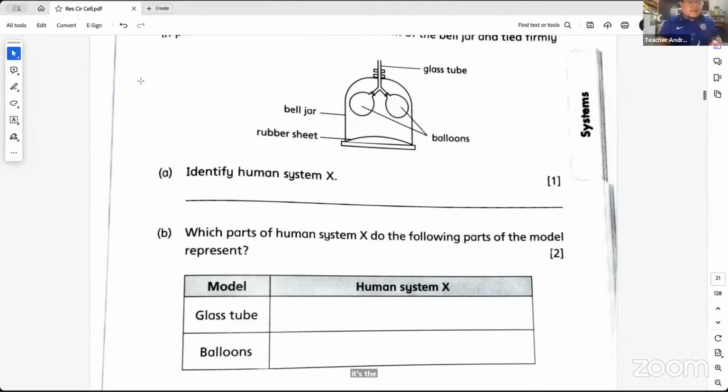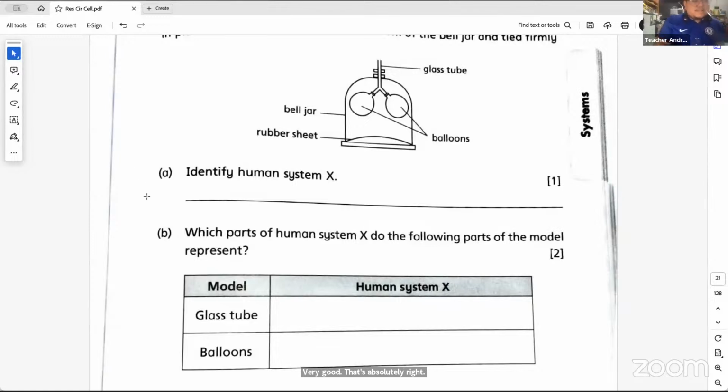Air tube, yes. The glass tube is the air tube, or known as the windpipe. Very good. Another volunteer. What do the balloons represent? Yes, David. The balloons represent the lungs. Very good. That's absolutely right.